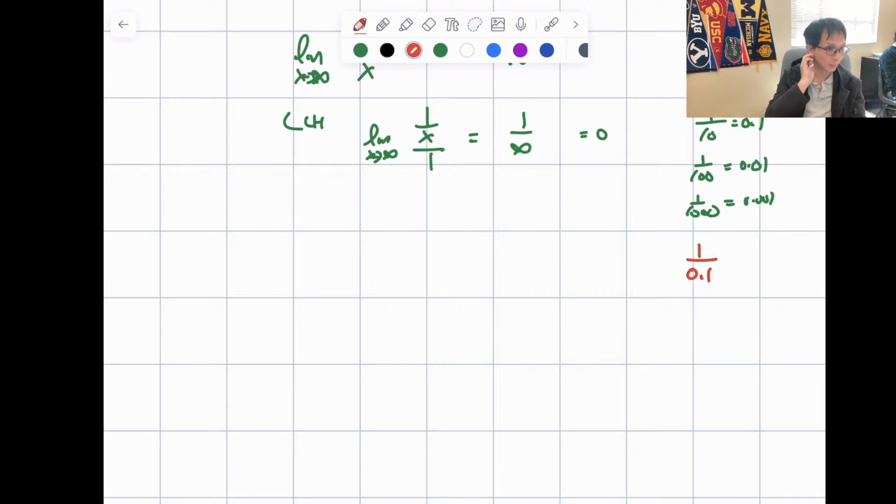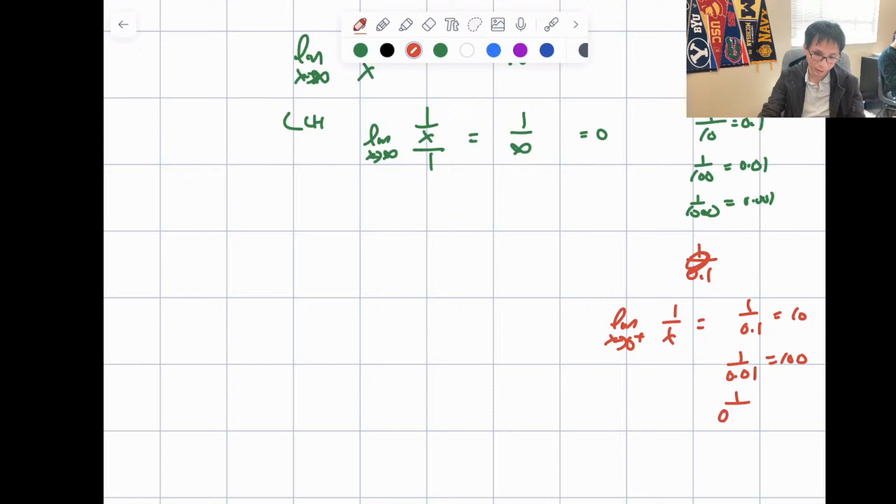Let's just say the limit as x approaches 0 from the positive side of 1 over x, what is that equal to? That's equal to infinity because it's going to be 1 over 0.1, it's 10.